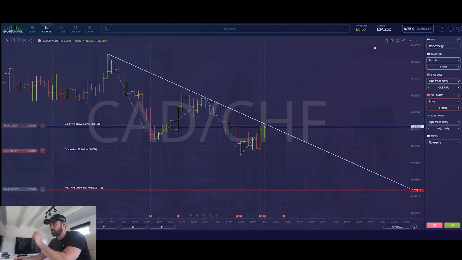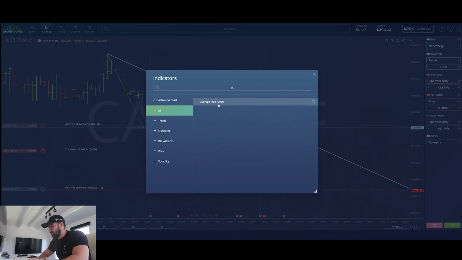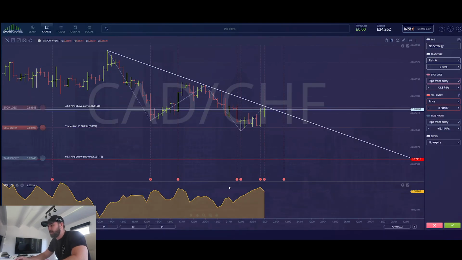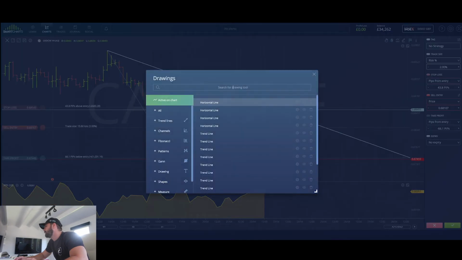One thing I will check though is the ATR. Now with the ATR, average true range indicator, this will show me about how much the price is moving. So we're looking at 26 pips the price is moving today. So in order to measure 26 pips, we have got our measuring tool again.